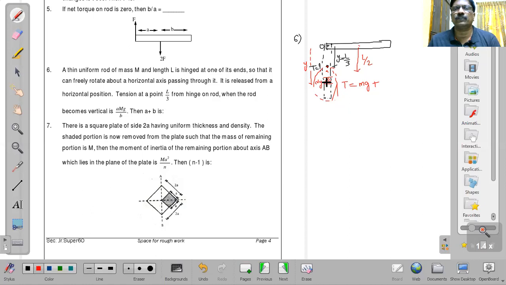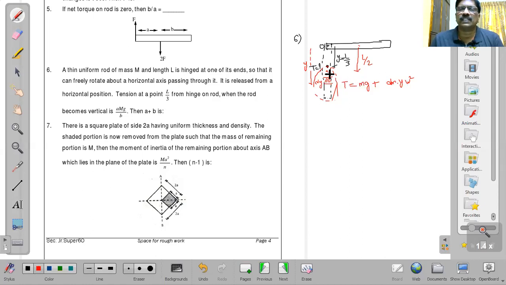Now what is the centrifugal force acting at this point due to this element? That is equal to mv square by r, or m r omega square. So dm into r. Here r is y, because this element travels along a circular path of radius y. So dm into y omega square is the force exerted by this element at this point.